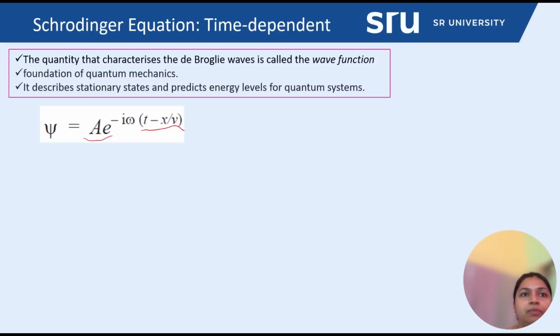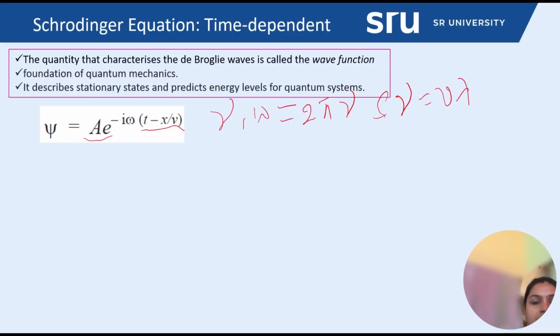Now suppose nu is the frequency, then we can write that omega is equal to 2 pi nu, and also we know that v is equal to nu lambda, then we can rewrite this psi value as a e to the power minus 2 pi i nu (t minus x by lambda).